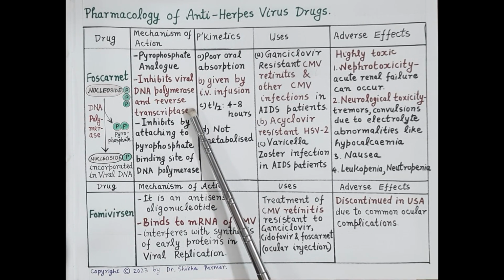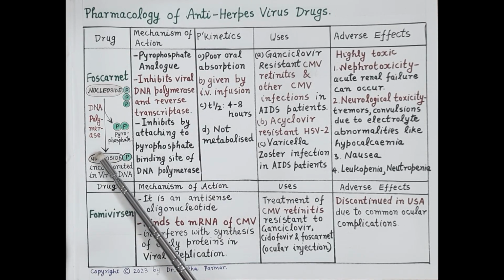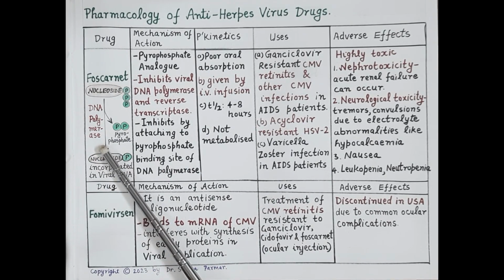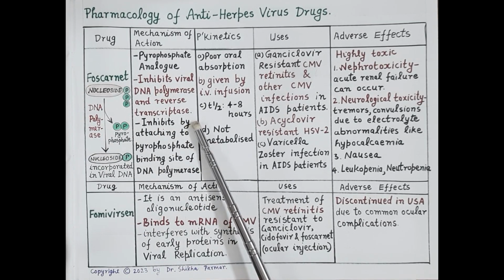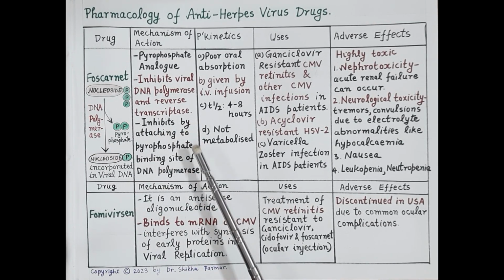Now, let's see what Foscarnet does. Now, Foscarnet attaches to the pyrophosphate binding site of the DNA polymerase. So, it inhibits DNA polymerase by attaching to its pyrophosphate binding site.